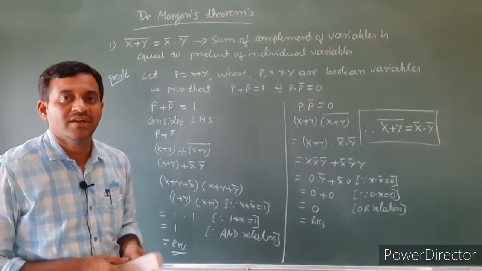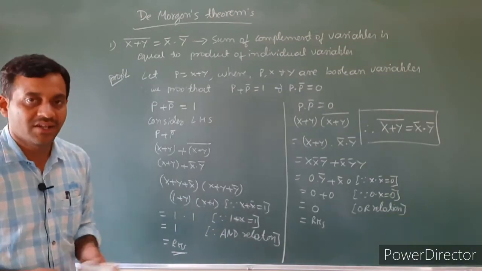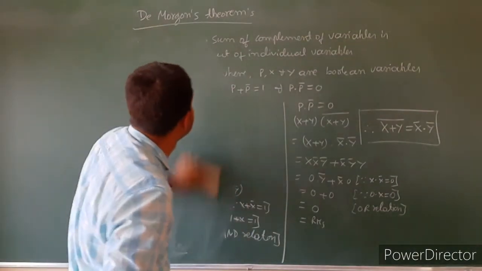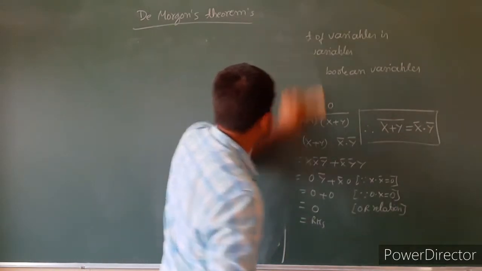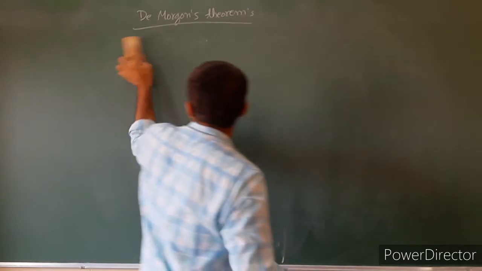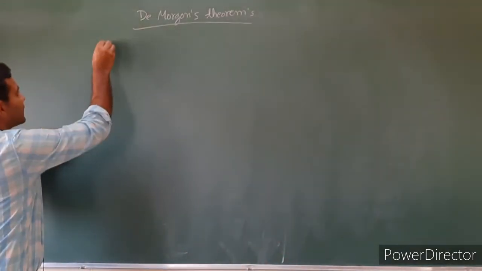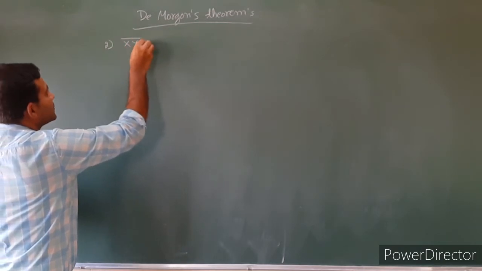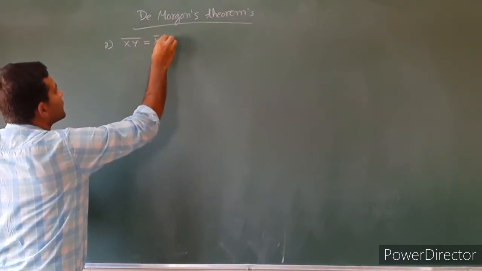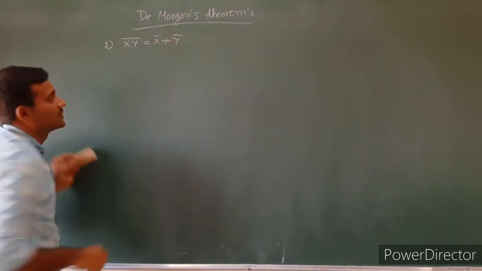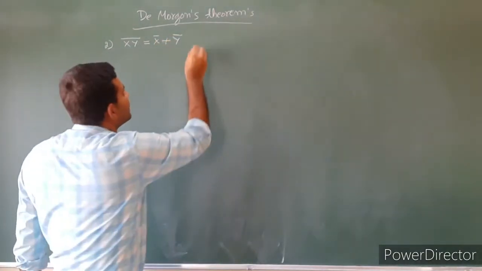Let's consider De Morgan's second theorem. What is De Morgan's second theorem? x into y whole bar is equal to x bar plus y bar. What is the statement of that?